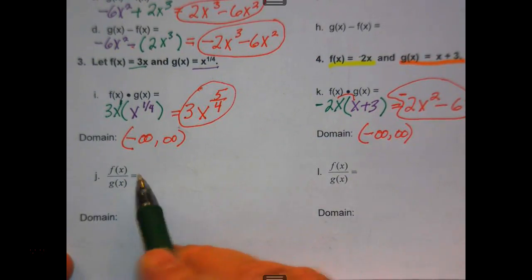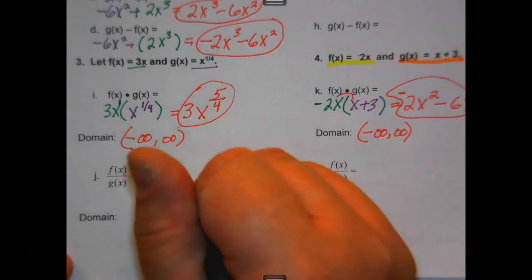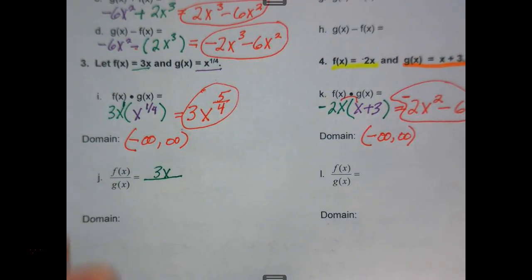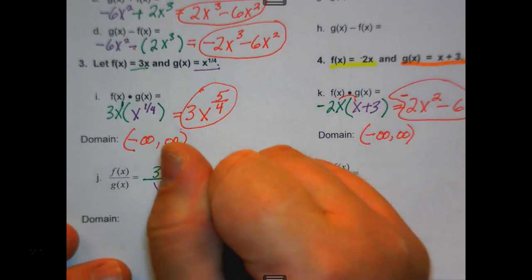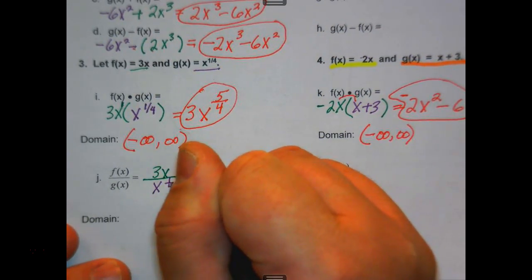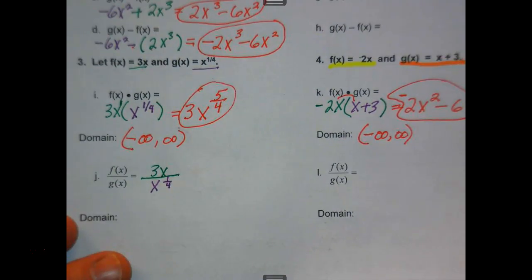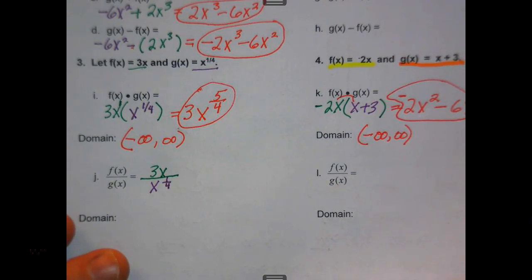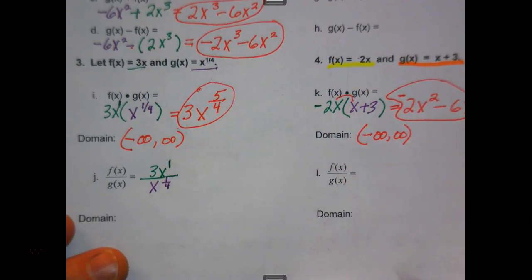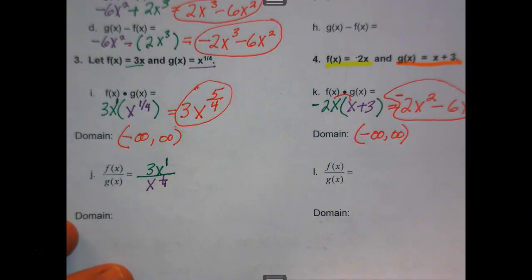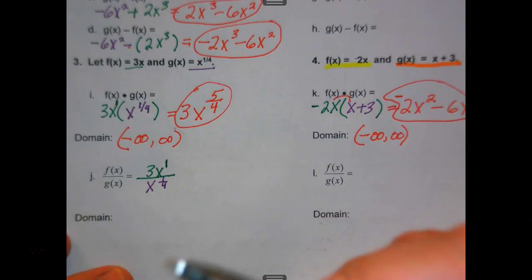My f of x was what? 3x. And my g of x? Can I reduce this? I think I can. X to the first, right? If I'm dividing with the same base, what do I do with the exponents? Subtract them, right?